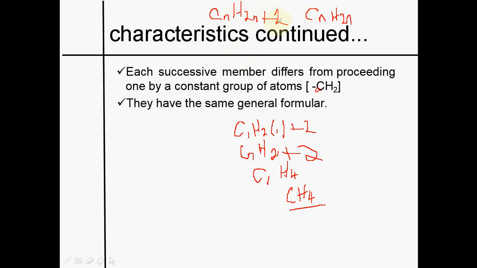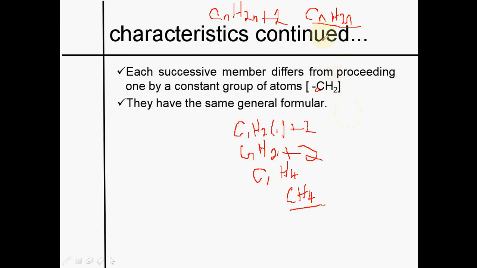In a similar way, we can derive an alkene. There is no alkene with one carbon atom, so we start from 2 because of the bonding arrangement.